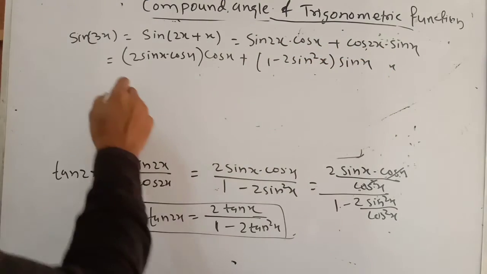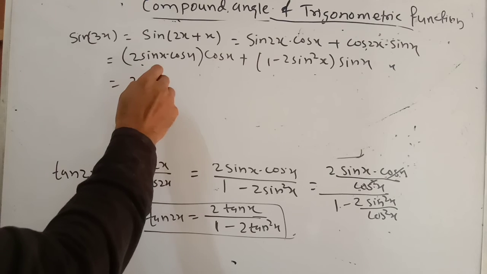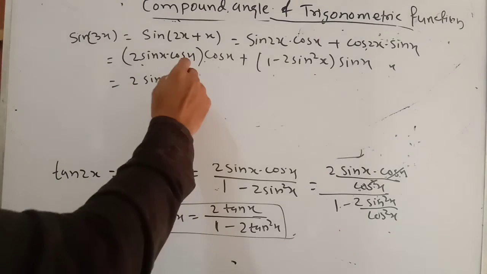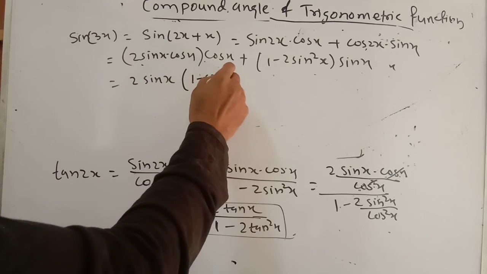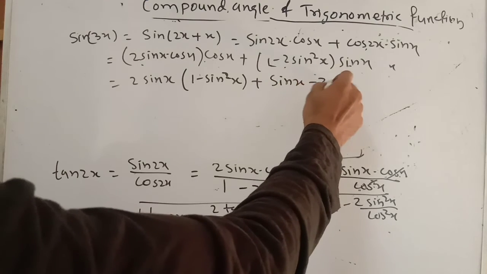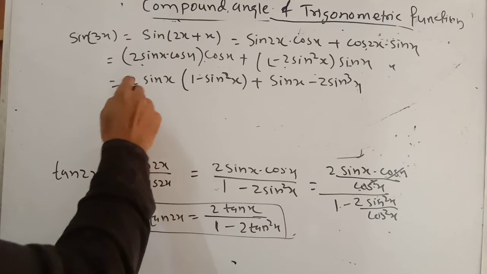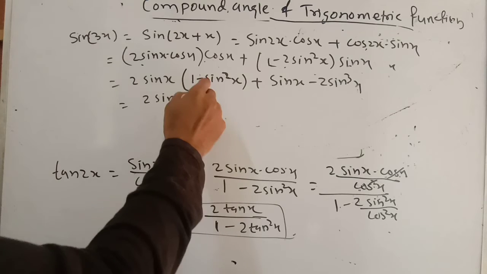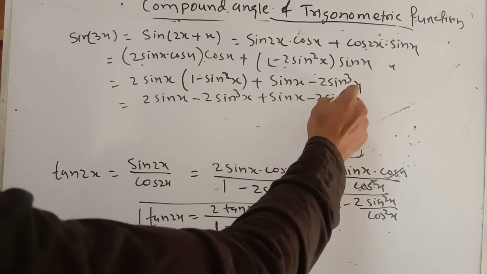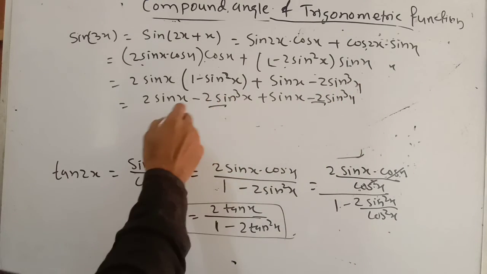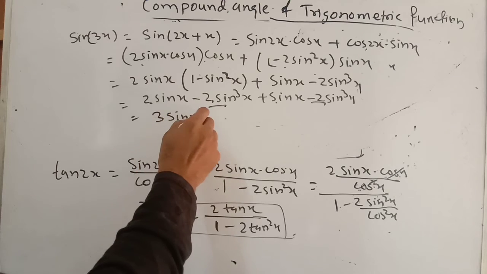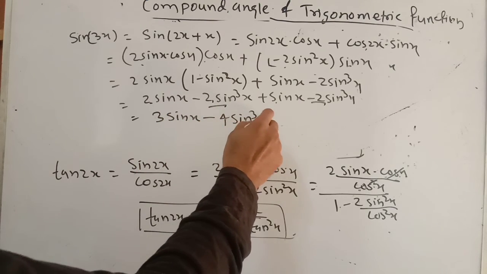Then you get 2 sin x cos square x, and converting cos square x to 1 minus sin square x and multiplying, you get 2 sin x minus 2 sin cube x, plus sin x minus 2 sin cube x. So minus 2 sin cube x and minus 2 sin cube x gives minus 4 sin cube x, and 2 plus 1 gives 3 sin x. So 3 sin x minus 4 sin cube x.